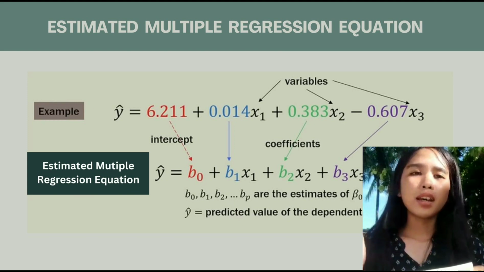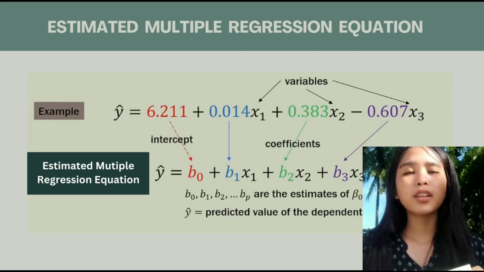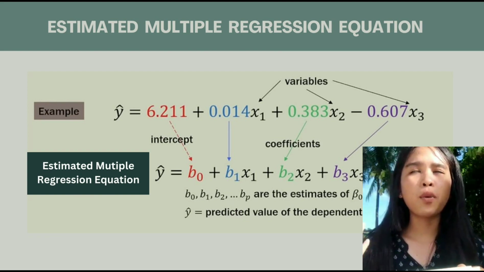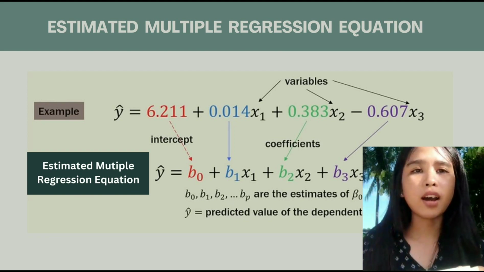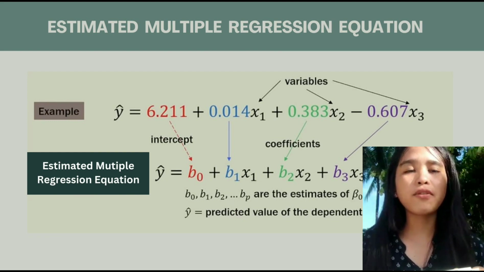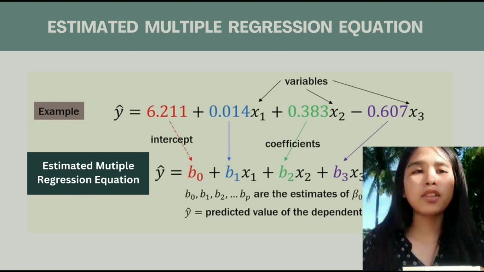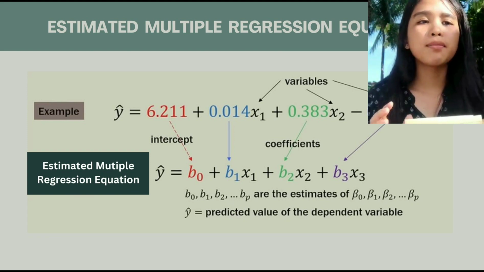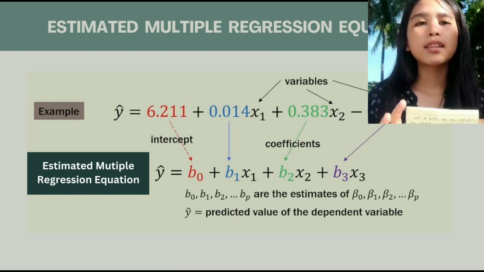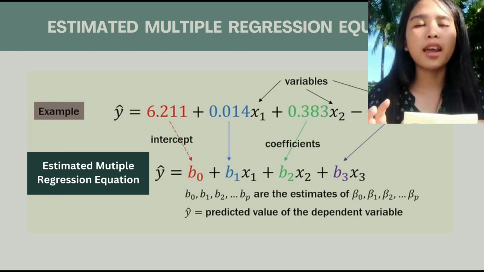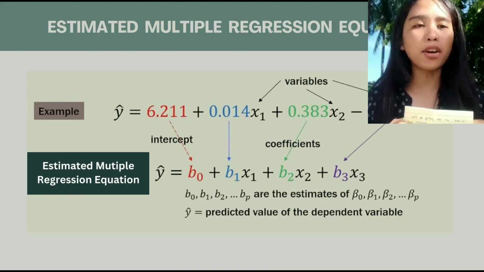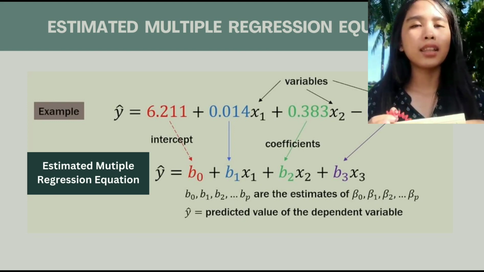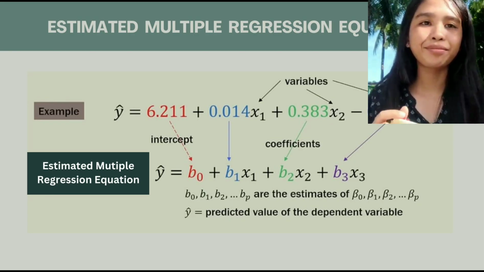The estimated multiple regression example of this is sales, where with the use of the given data, we can predict or forecast the sales for the following year. The beta naught plus beta 1 times x1 and the following are the independent variables, which affect the y, which is the dependent variable.